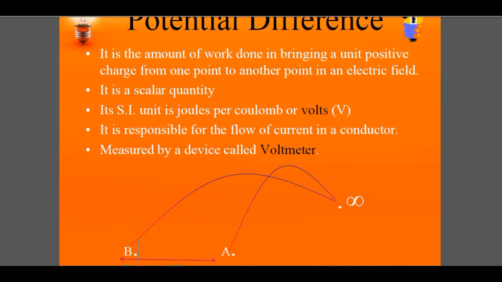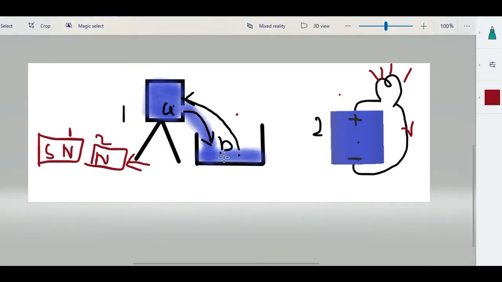As you are moving the water from B to A, it is at a higher level. As you move the charge from negative to positive, you are creating a high level. When you leave it, the charge will automatically come from the high level to the lower level. This is how it actually works.